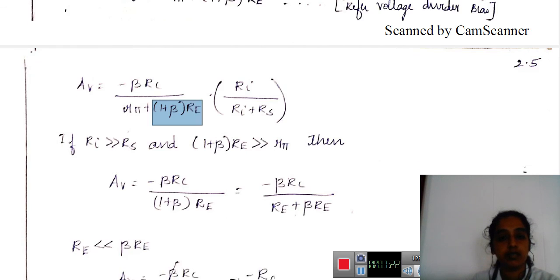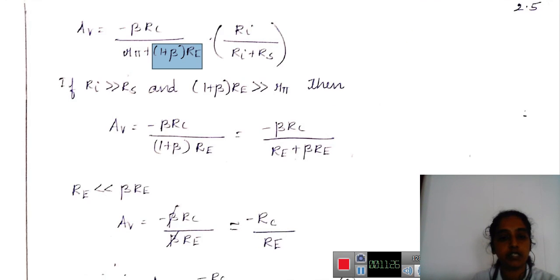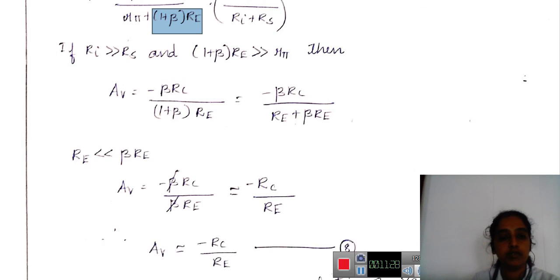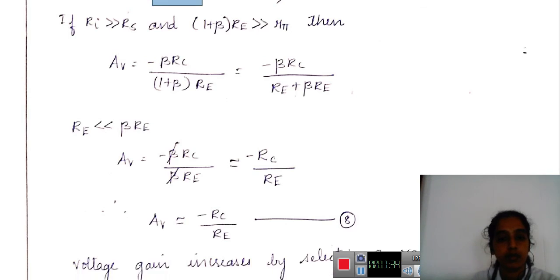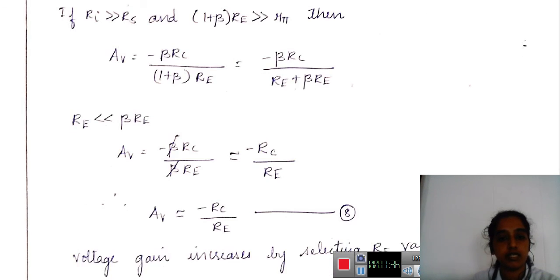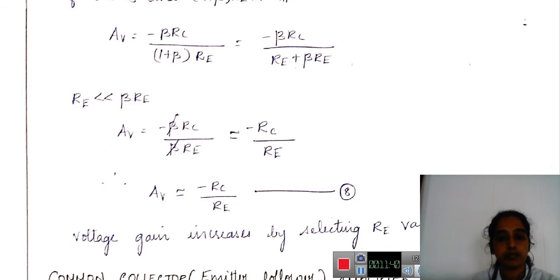So I get voltage gain is minus beta into RC by Re plus beta into Re. So if Re value is very small when compared to beta into Re, the gain is nearly equal to minus Rc by Re. So the voltage gain value increases by selecting the Re value very small.